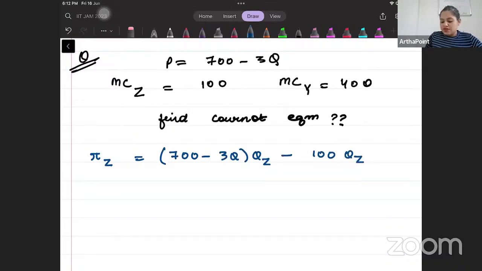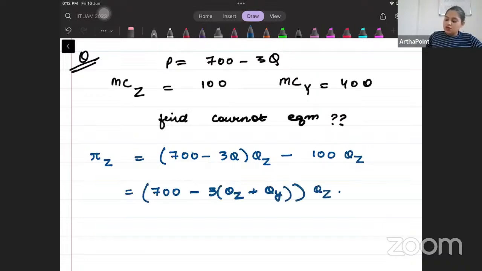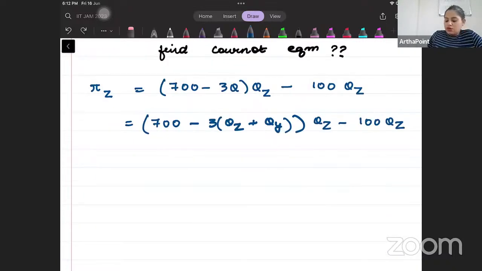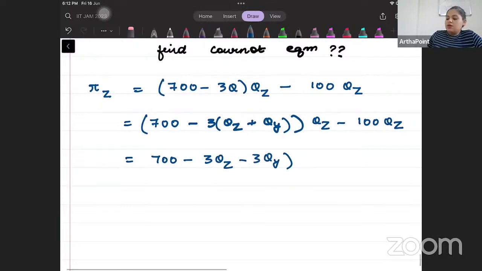This is going to be 700 minus 3 times QZ plus QY, into QZ, minus 100 QZ.